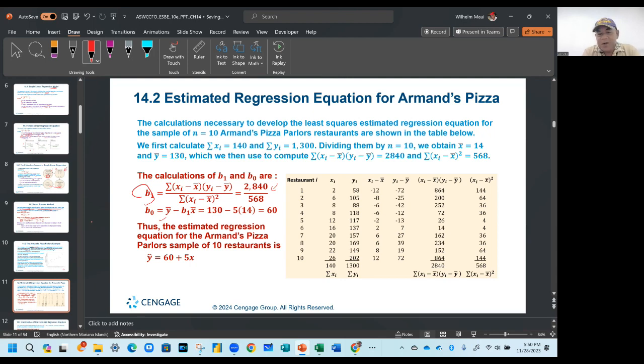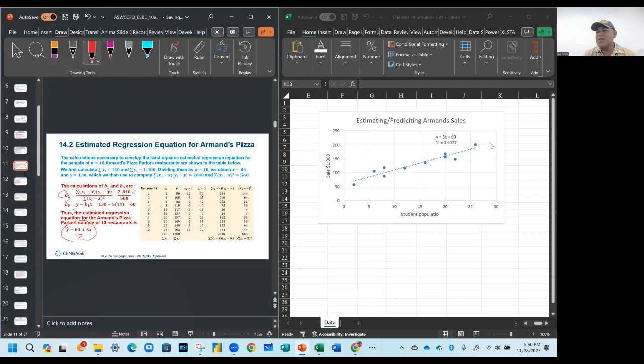So that's the estimated regression equation for Armand's Pizza Parlor, which again, once you know what ordinary least squares does, then you can come here and just plot and throw your equation on your chart. And if you're describing this to somebody who knows what ordinary least squares is, then they don't need to see the detailed computation. They trust that you've done your work, right?